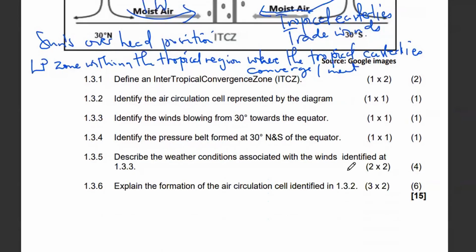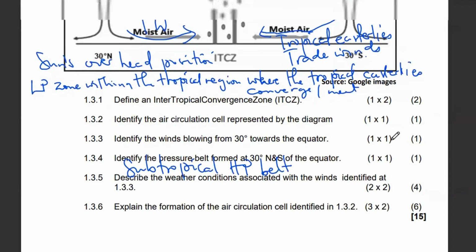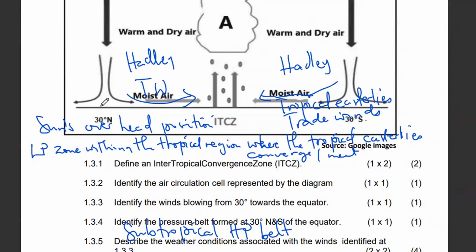Identify the pressure belt formed at 30 north and south of the equator. That pressure belt is the subtropical high pressure belt. There is high pressure here at 30.